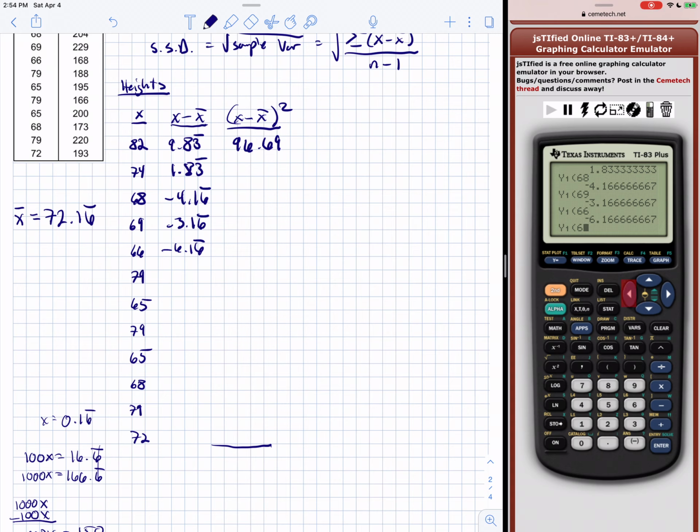No. 79, 6.83 bar. 65, negative 7.16 bar. 68, we did that one, 4.16 bar. 79, 6.83 bar. 72, I don't see that one.